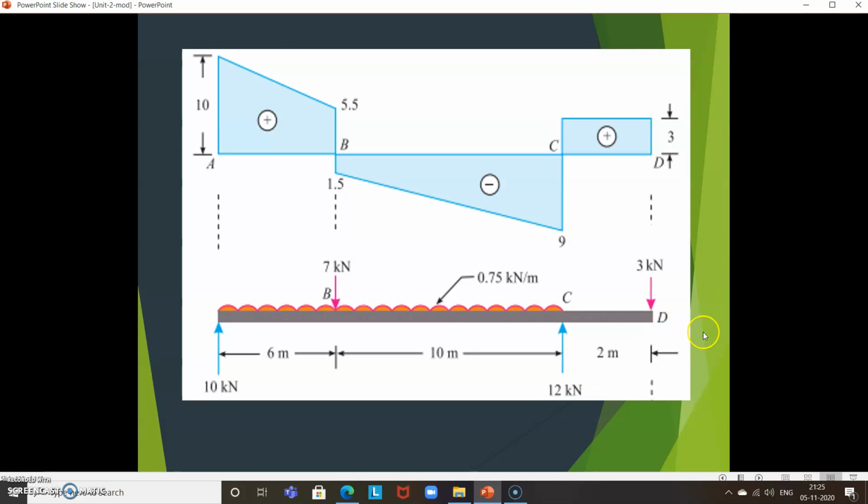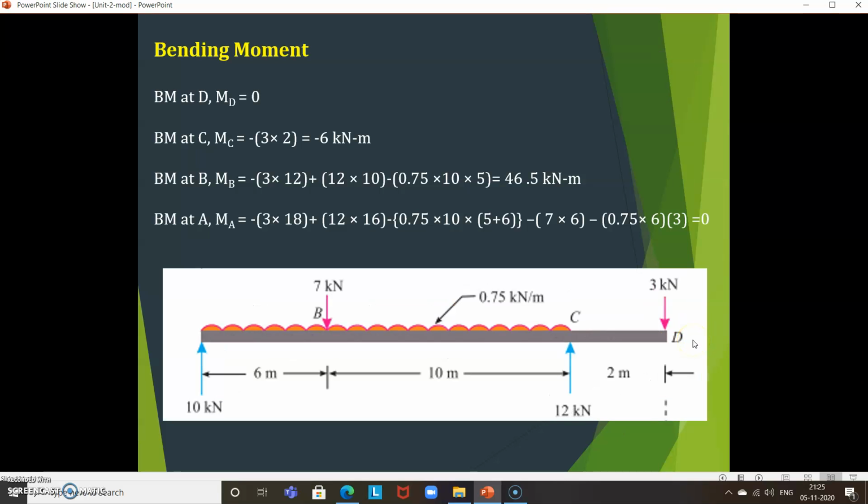Then the simple thing, the bending moment diagram, you can do by the usual method. At D it is 0, and at C it is minus 3 into 2, that is minus 6. Then at the next point B, it is minus 3 into 12 plus 12 into 10 minus 0.75 into 10 into 5, you get 46.5.